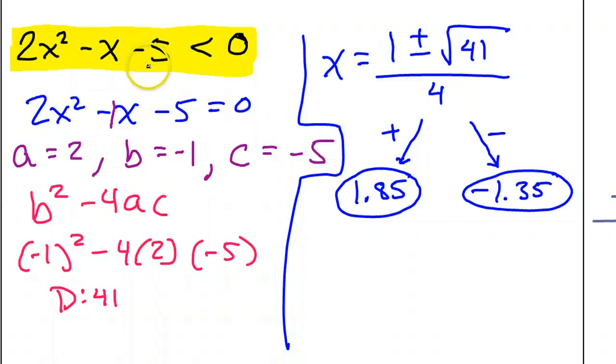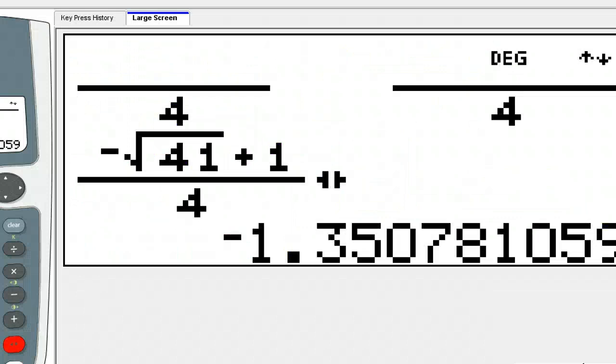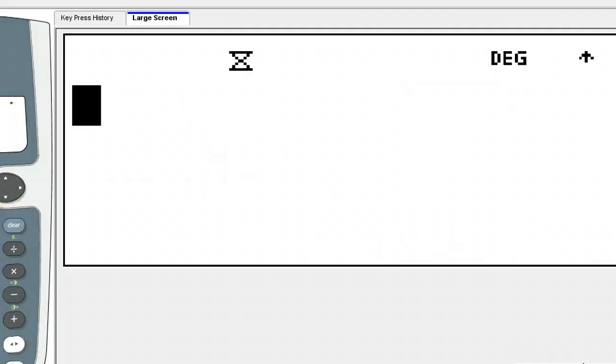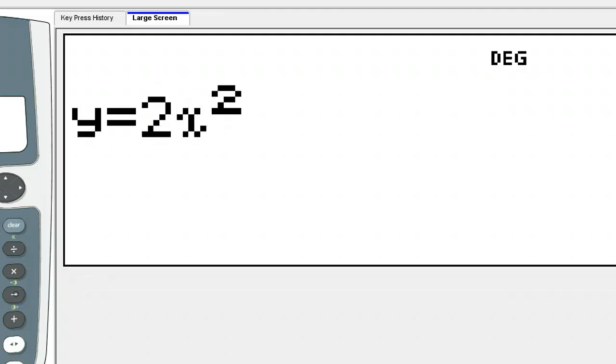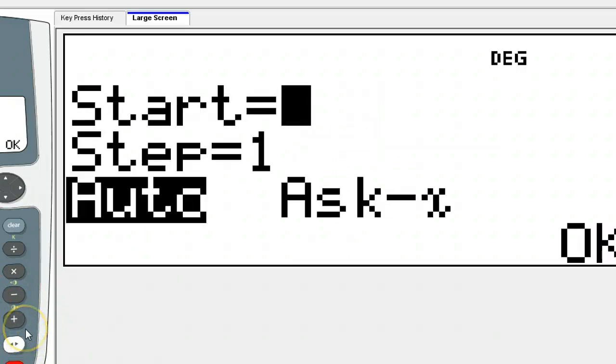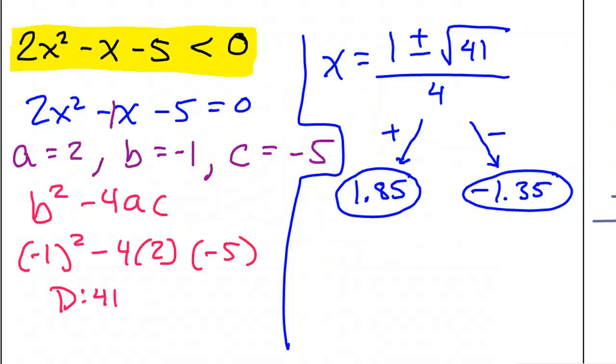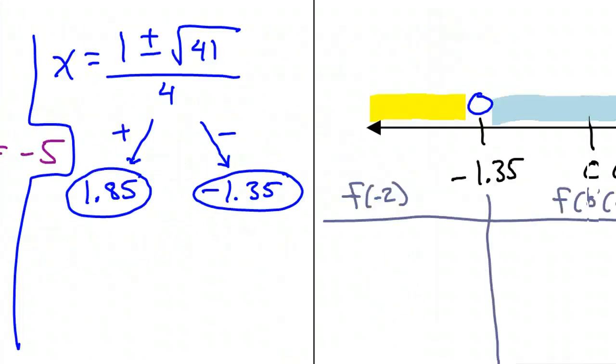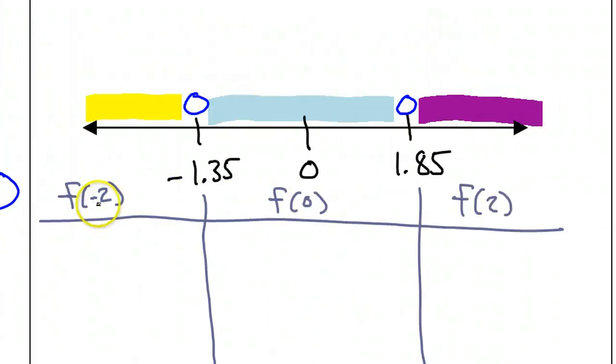I say we use our calculator to help us. So let's go ahead and type this function into our TI-30 XS MultiView. All right, so 2x squared minus x minus 5. We've typed it in. Well, our first value is -2.